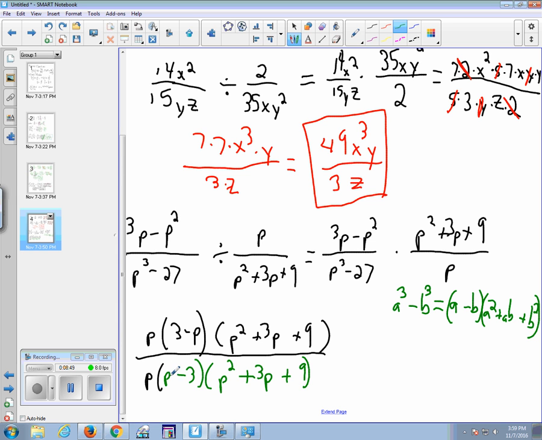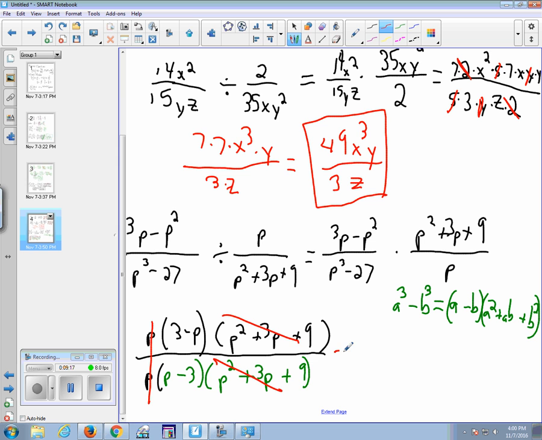P cubed plus 3p squared plus 9p minus 3p squared cancels, minus 9p cancels, minus 27. So that's what we started with. This green product is equal to this. Now, what do you notice? P's cancel. P squared plus 3p plus 9, p squared plus 3p plus 9.